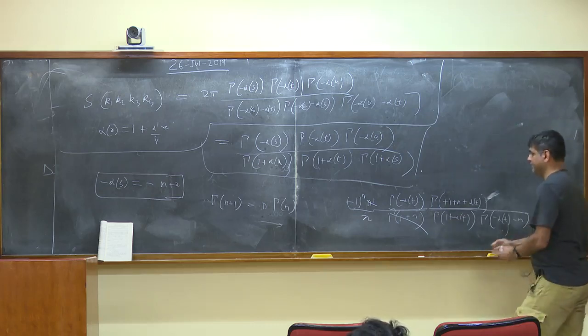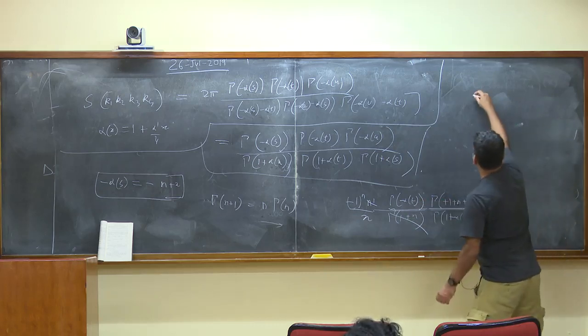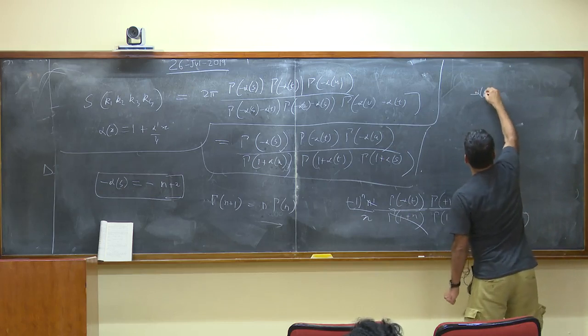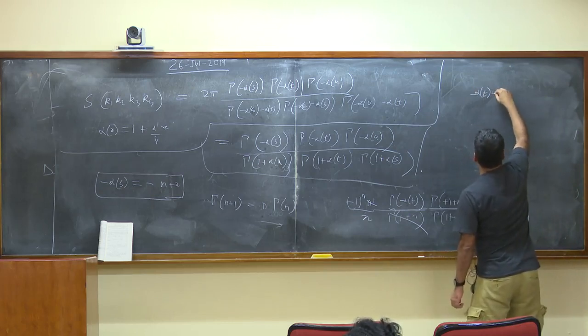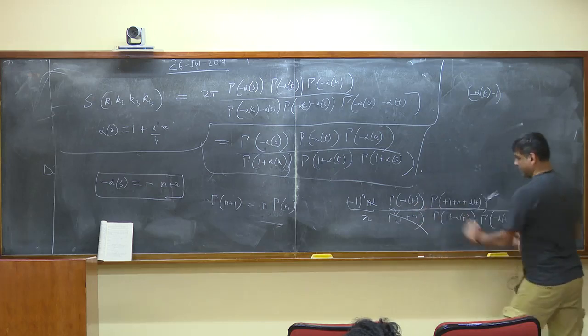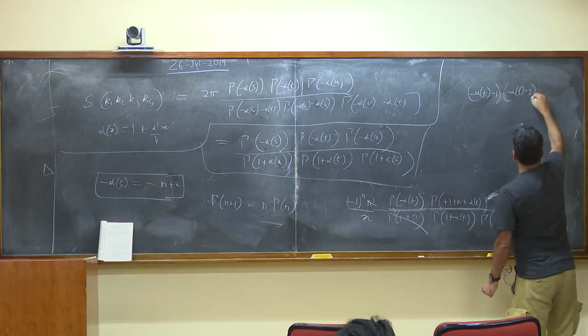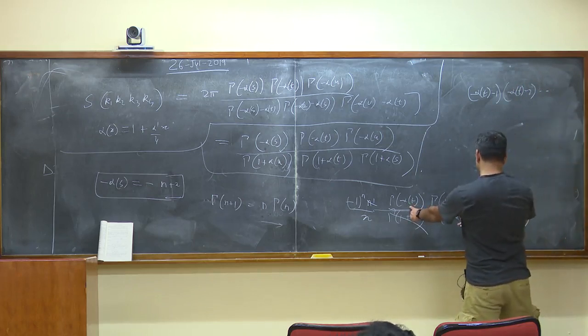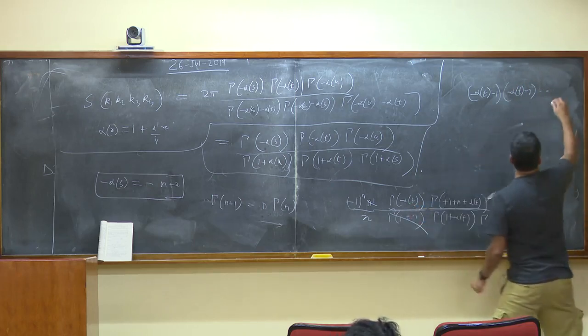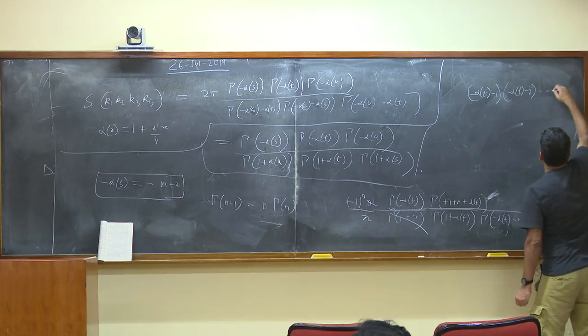So this residue here is what? So this is minus alpha of t minus 1, minus alpha of t minus 2, all the way up to, this guy is going to cancel with this guy, minus alpha of t minus n.